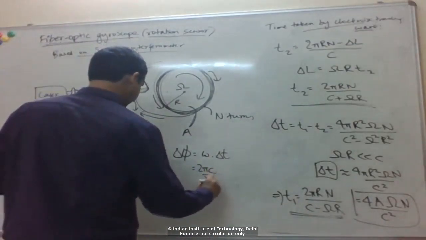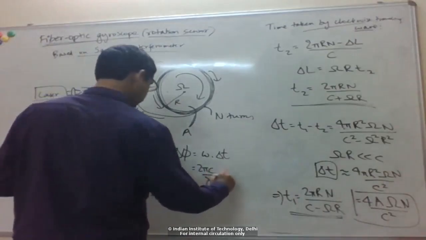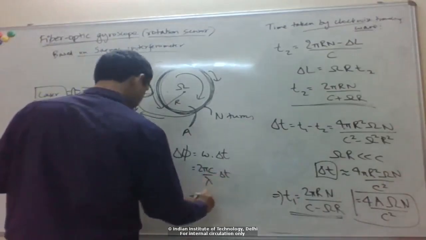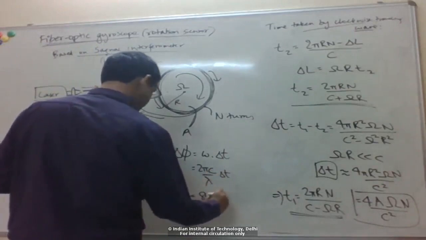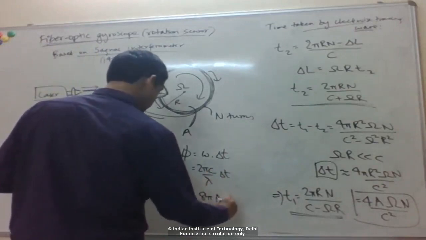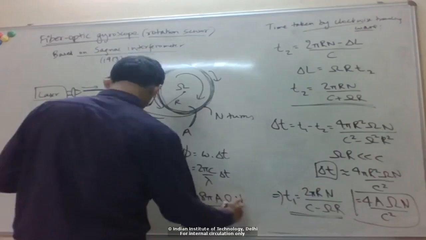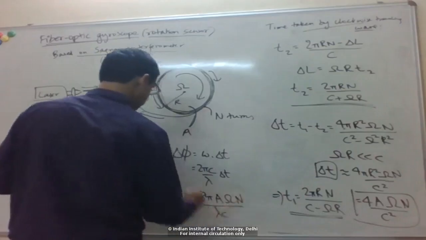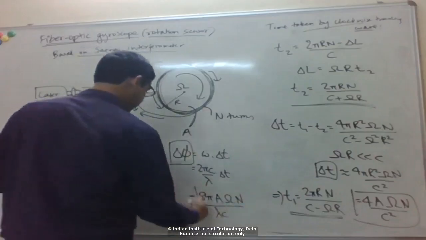So put omega in terms of lambda. This phase shift comes out again to be proportional to the area, rotation rate, and number of turns, divided by the wavelength.